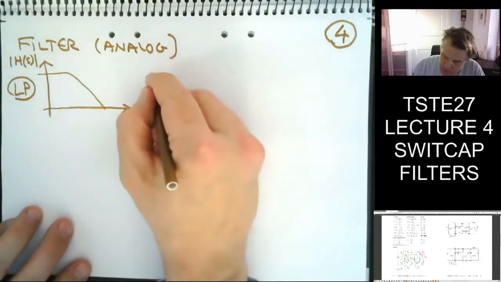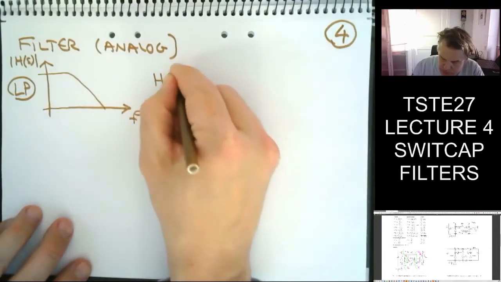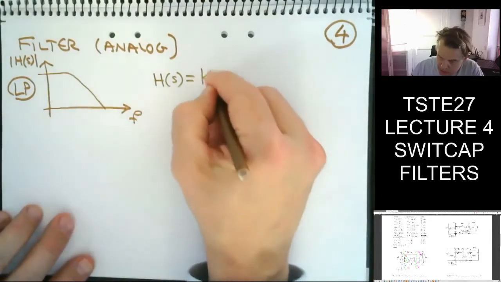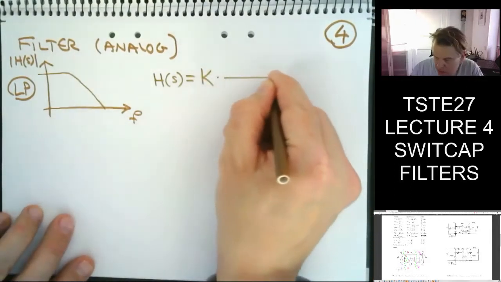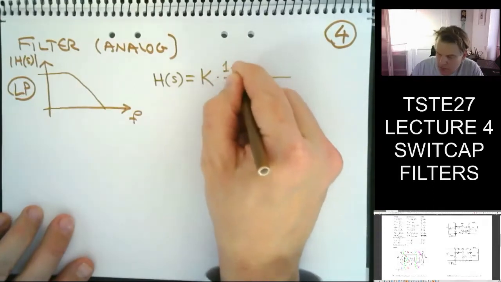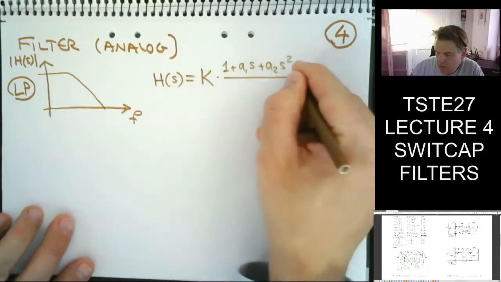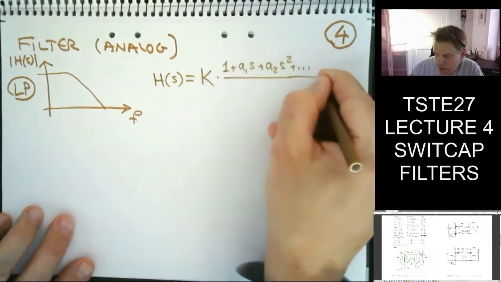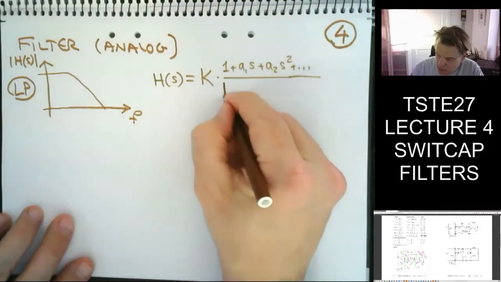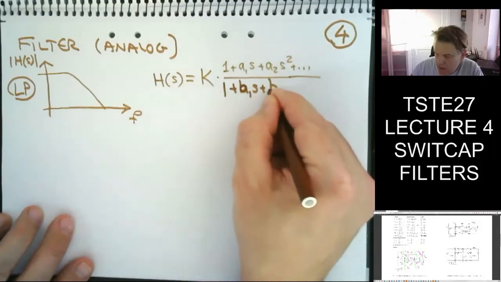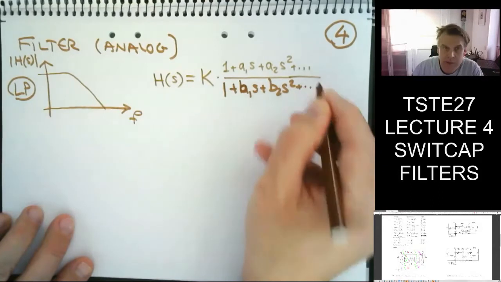All right, so this transfer function H of s, we can typically write in a sort of standardized way: K times 1 plus A1 s plus A2 s squared plus blah, blah, blah, over 1 plus B1 s plus B2 s squared plus blah, blah, blah.